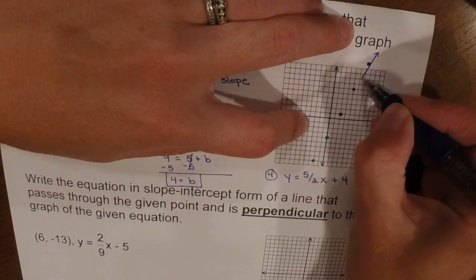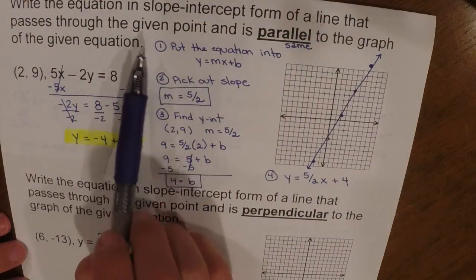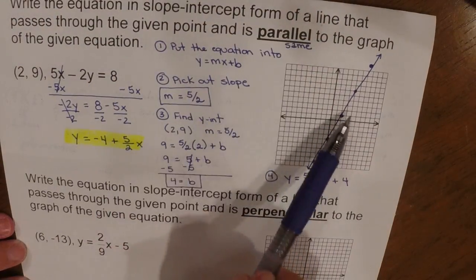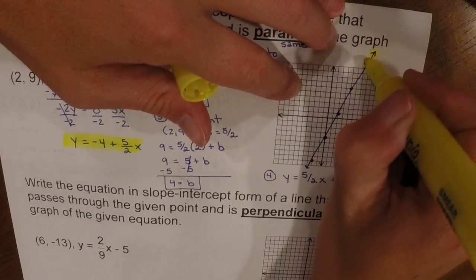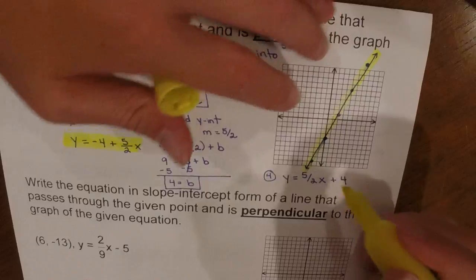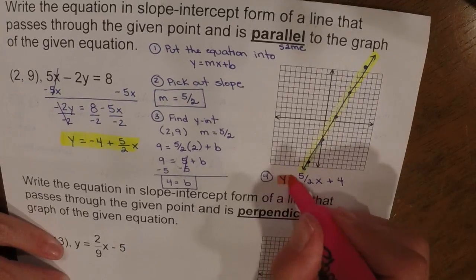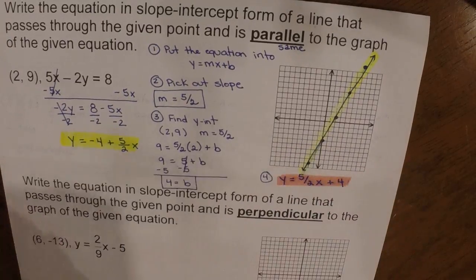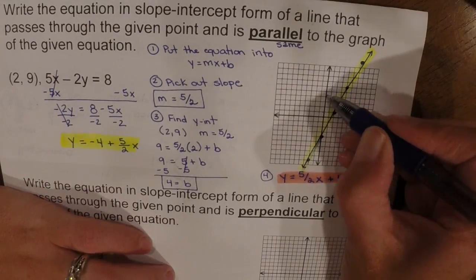So here's the equation of the line that they gave us. And it says that our line should be parallel to this line. So I'm going to highlight this one again in yellow so that we know which one was the original line. And now let's graph our new line. So now I'm supposed to start at +4. 1, 2, 3, 4.